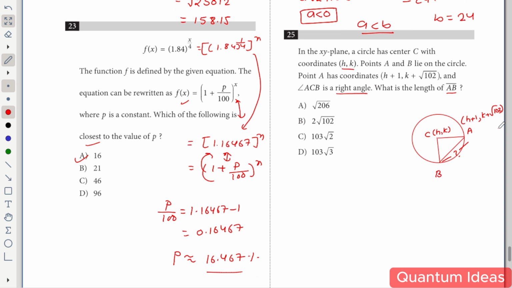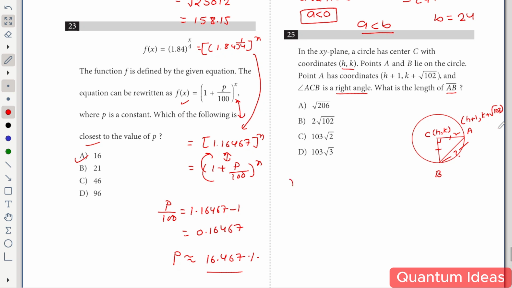So first of all, how can we solve it? We can find the radius, right? This is the radius of the circle, this is the right angle. This is the radius, this will equal this one, and we can use the Pythagoras theorem. So first of all, find the radius. How can you find the radius?